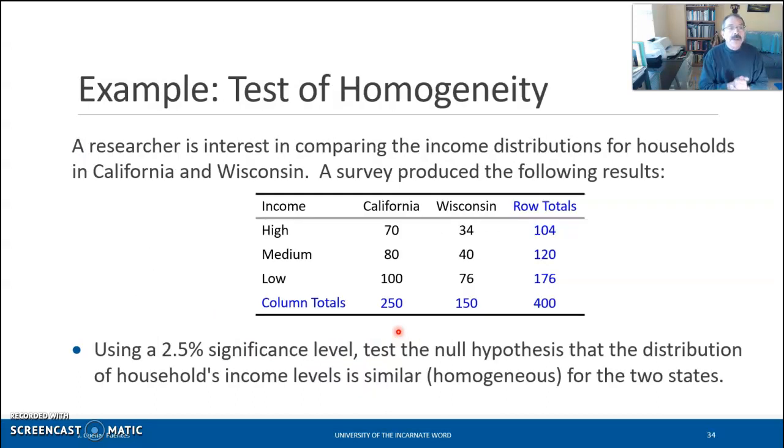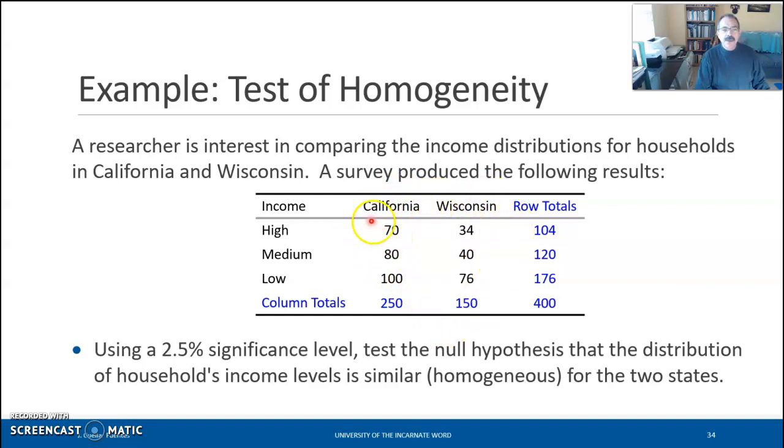All right, so here's an example of a test of homogeneity. In this case, a researcher is interested in comparing the income distributions for households in California and Wisconsin, and a survey produced the following results. We have the attribute income, high, medium, and low, and we would like to see if the distribution of these levels of income is equivalent in California as it is in Wisconsin.